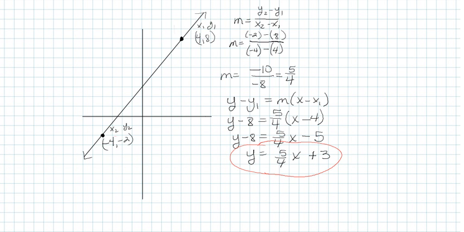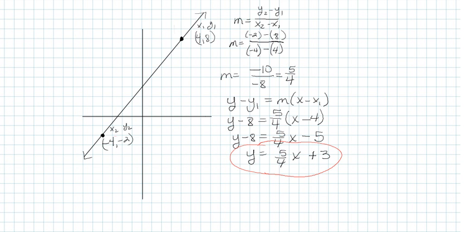So our slope is going to be negative 2 minus 8 over negative 4 minus 4. Negative 2 minus 8 is negative 2 plus a negative 8, which is negative 10. And negative 4 minus 4 is negative 4 plus a negative 4, which is negative 8. Negative 10 over negative 8 will become positive, and when we simplify it, it'll be 5 over 4.